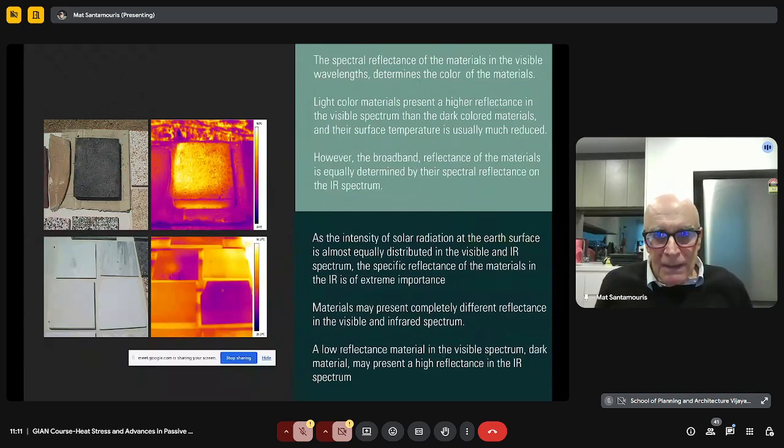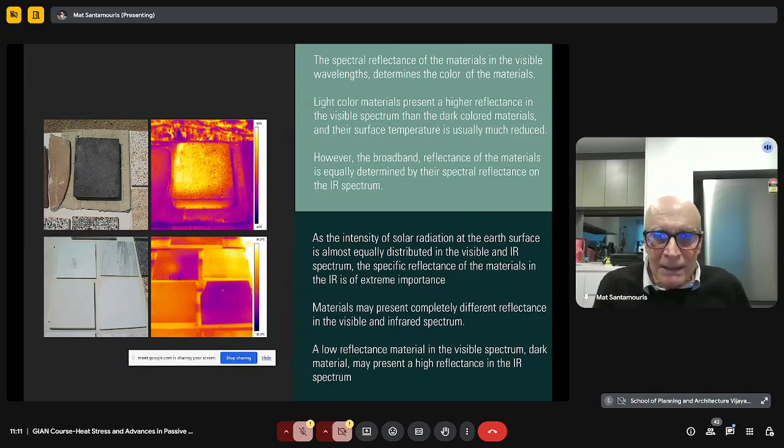But because these materials present in the visible part a high absorptivity or a high reflectance, it does not mean that in the infrared they have similar optical properties. For example, a black material can have very high absorptivity in the visible part. But in the infrared part, its absorptivity may be different, may not be absorbing, may be reflecting.